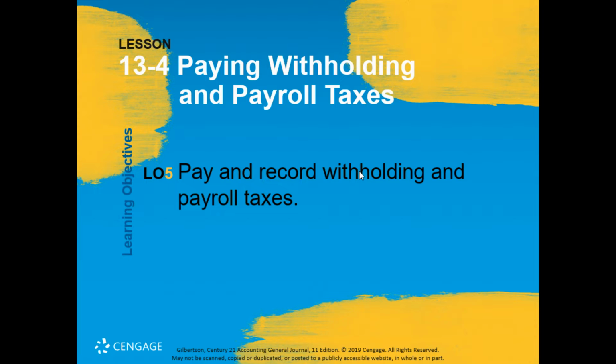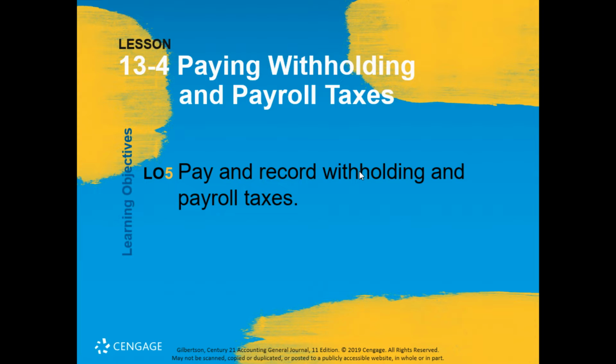All right. And here we go. So, we're going to pay and record withholding and payroll taxes. And understand, in previous journal entries, we have journalized not only what we withheld from employees' paychecks, but also what the expenses for us, the employer, are on the payroll side. So we've already recorded all that.